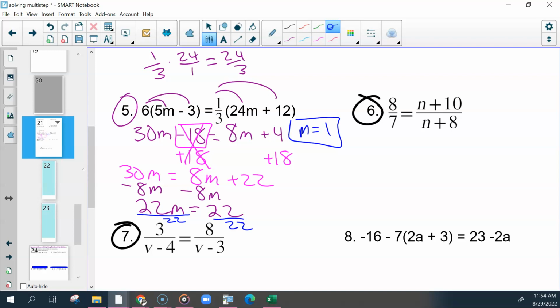Number 6. This is a proportion where you have a fraction that equals another fraction. Anytime you have a fraction that equals another fraction, there's a specific way to start it. Does anyone know how to start solving proportions? Erin? It's okay.